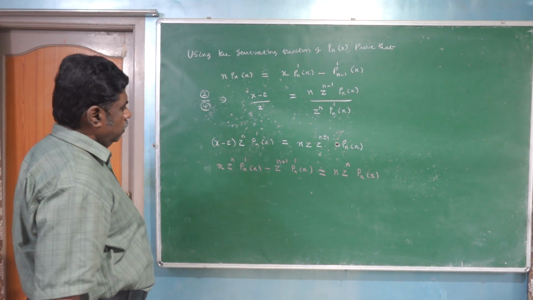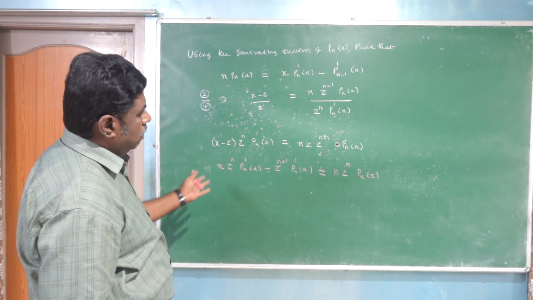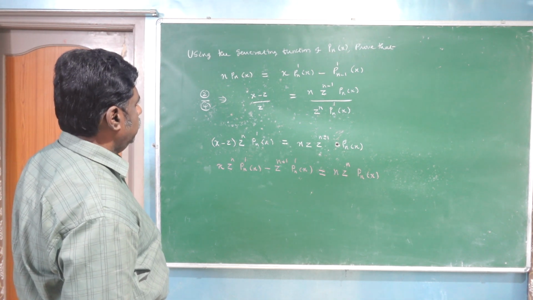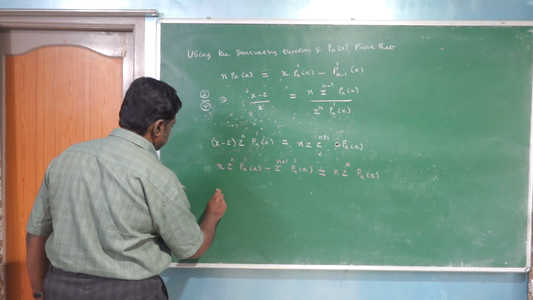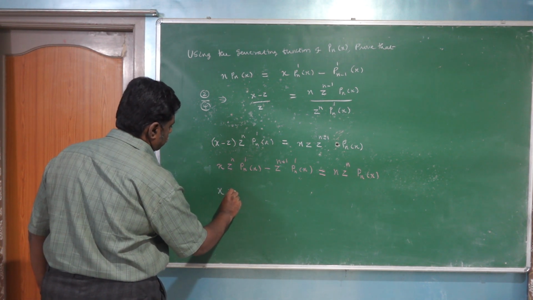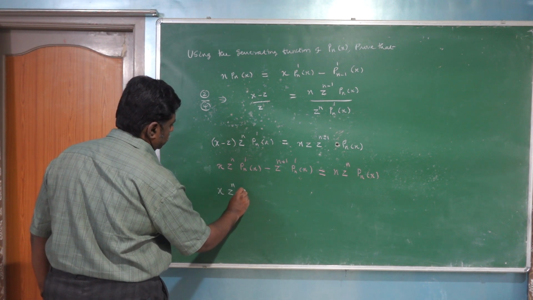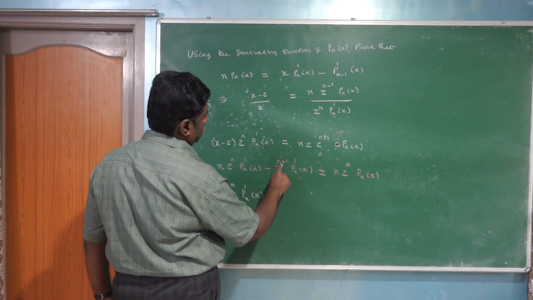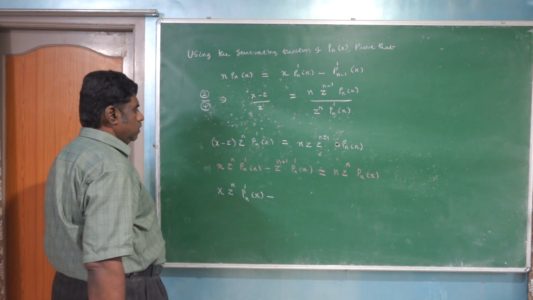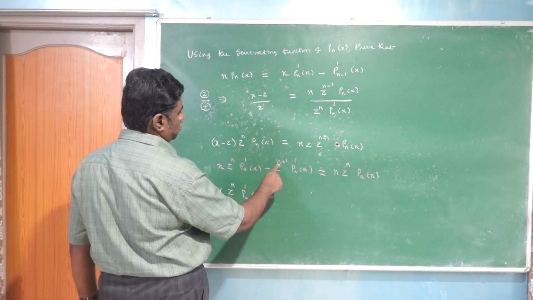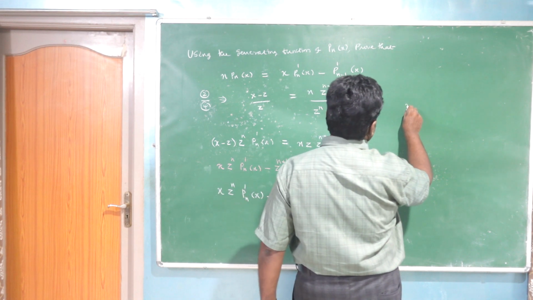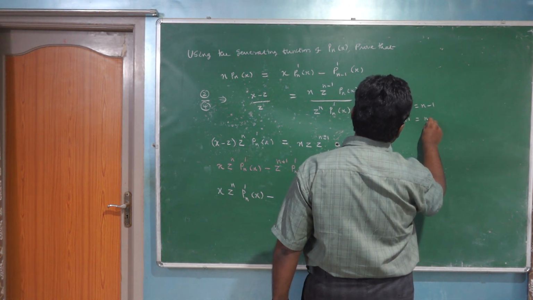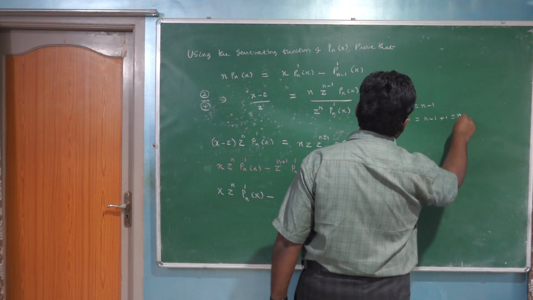Now we have to convert all the powers of z in terms of z power n in the double equation. Here the first term is carrying z power n, so write down as such. The second term has z power n plus 1, so replace n by n minus 1, because if n is replaced by n minus 1, then n plus 1 becomes n minus 1 plus 1 equal to n.